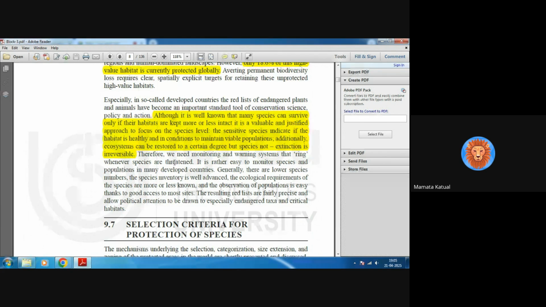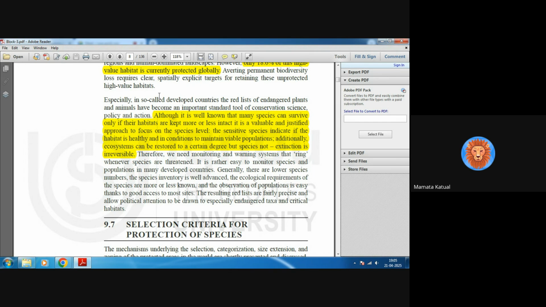These species can survive only in their native habitat. If some species are present in a particular habitat, then they are adjusted and adapted to that particular habitat, and they can survive only in that habitat.